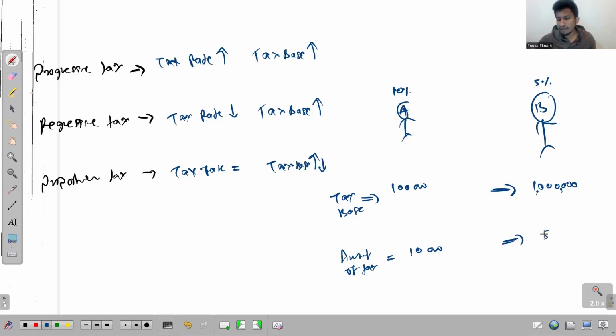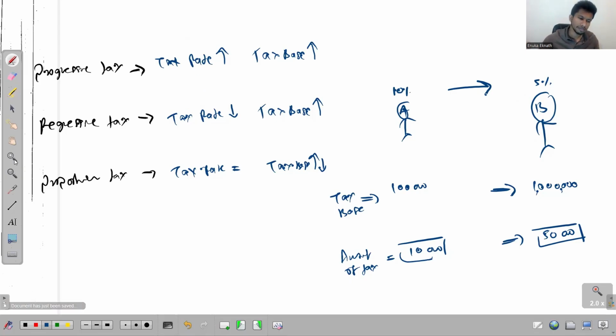That will be 50,000. So what happened? The person B pays a higher tax amount than the person A. In rupee terms, he is paying somewhat higher. But as a percentage, he's paying a lower proportion. He's paying a lower percentage of tax compared to the person. So this is what happens in regressive tax.